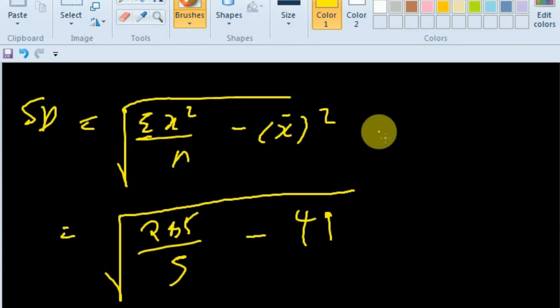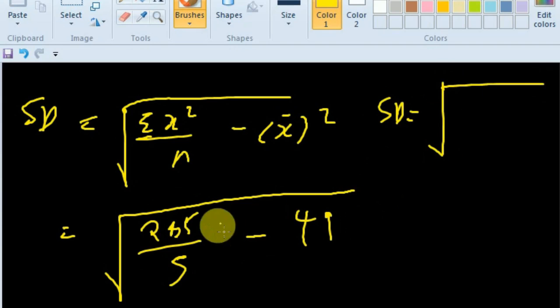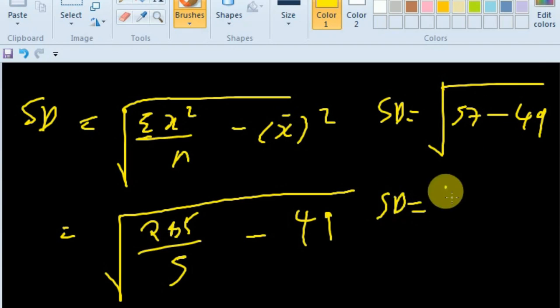Then from this, I can say my SD is equal to 285 divided by 5. My answer is 57 minus 49. So my standard deviation is equal to 57 minus 49, the answer there is 8.